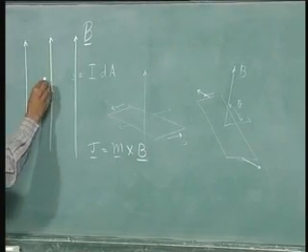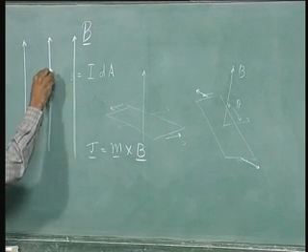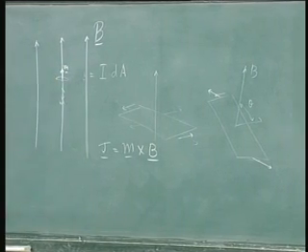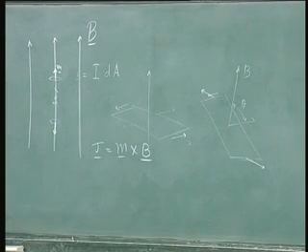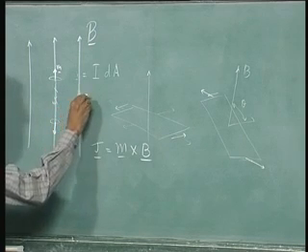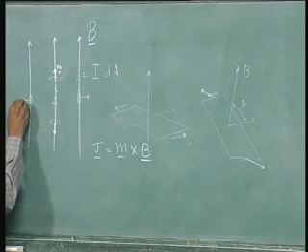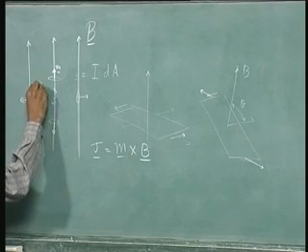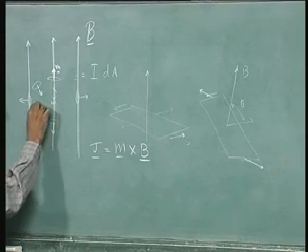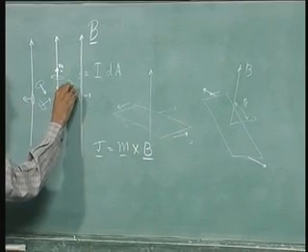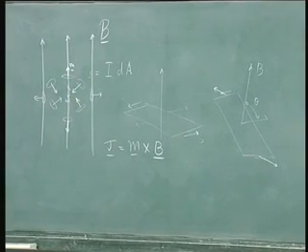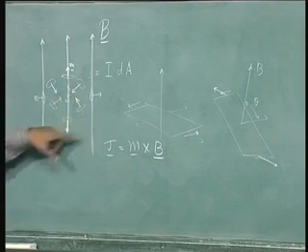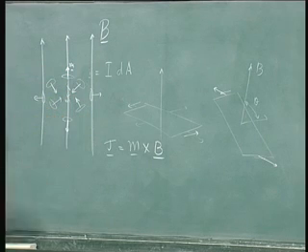So, some atoms are aligned with their spins along the magnetic field, some are aligned with their spins opposite to the magnetic field, still others sideways, then there will be those which have oblique spins. Now, the effect of all these spins put together is that there is no net spin.